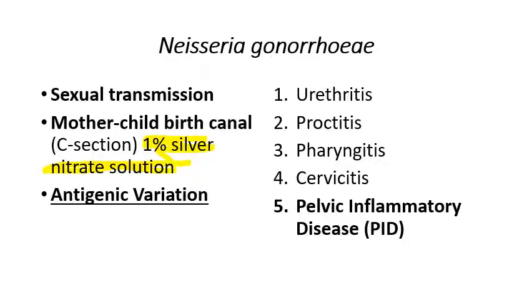One of the common ways to kill bacteria on surfaces is to take a solution of metal ions and wash the surface with metal ions. So for 100 years or so, whenever a baby was born, the doctor would bathe the baby's eyes in a 1% silver nitrate solution in order to kill any Neisseria gonorrhea in case the mother has gonorrhea.